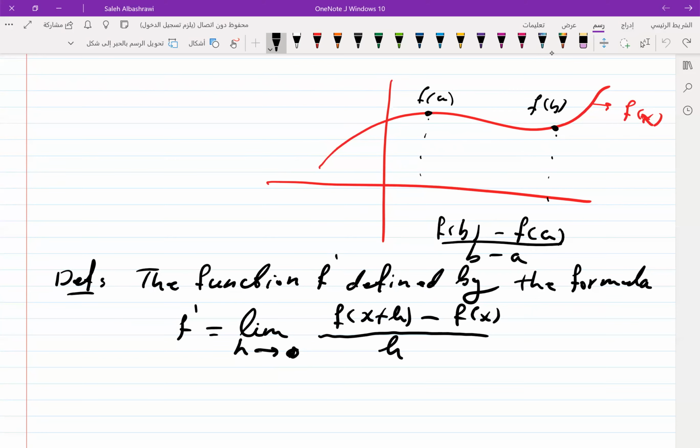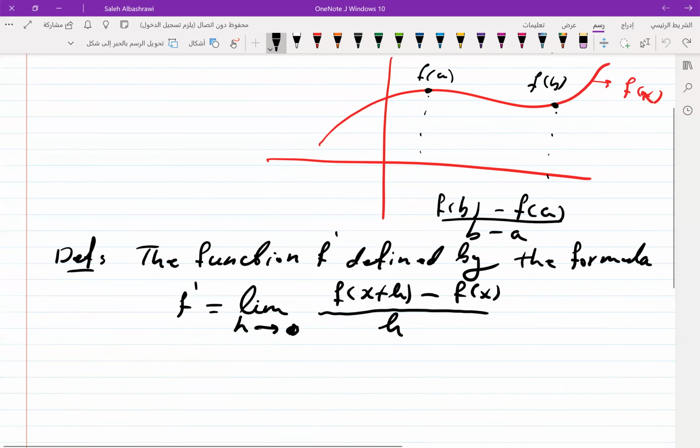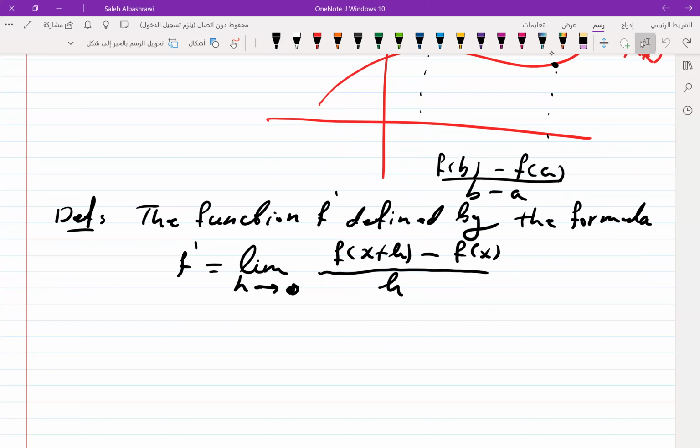So the function defined by this formula is called the derivative of the function f with respect to x, or the derivative of f.